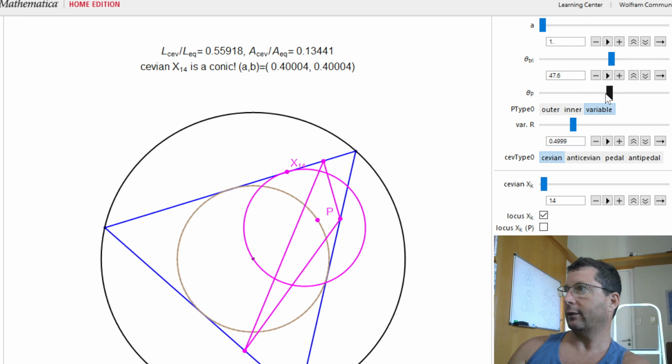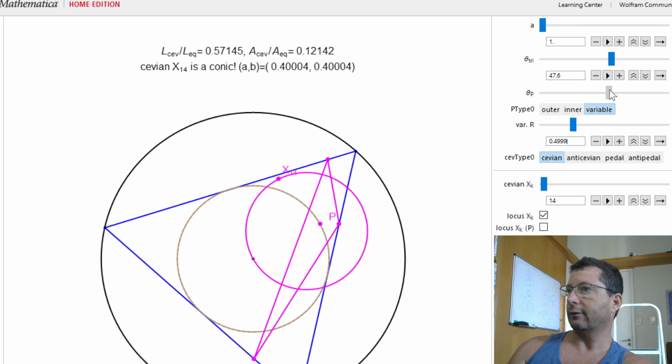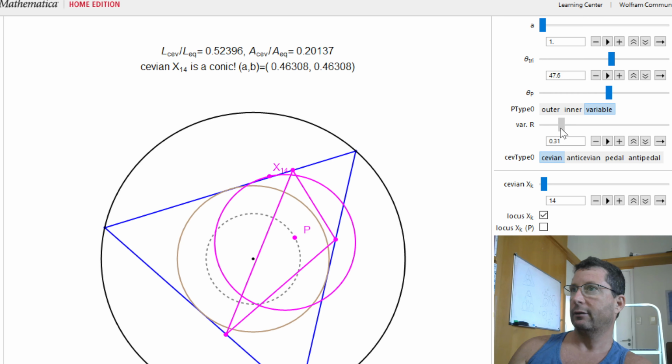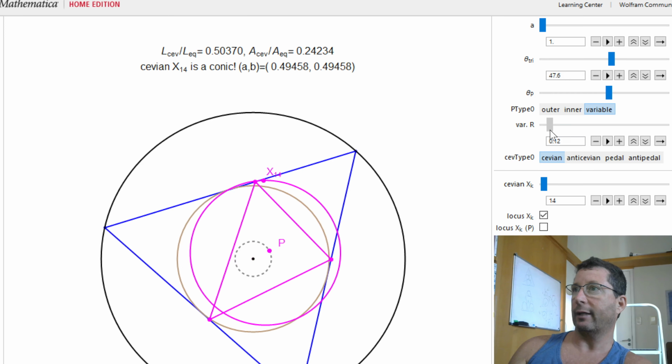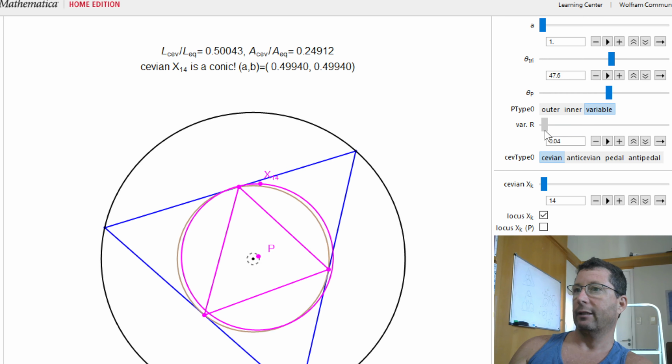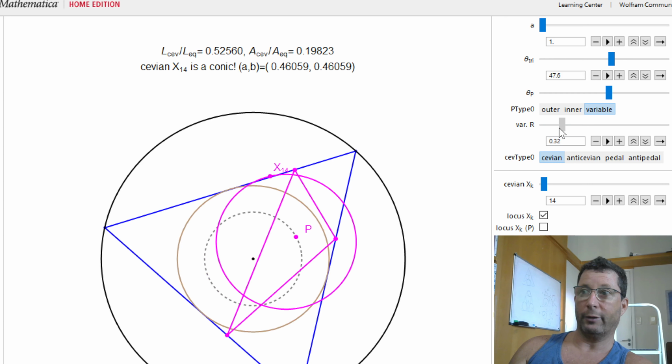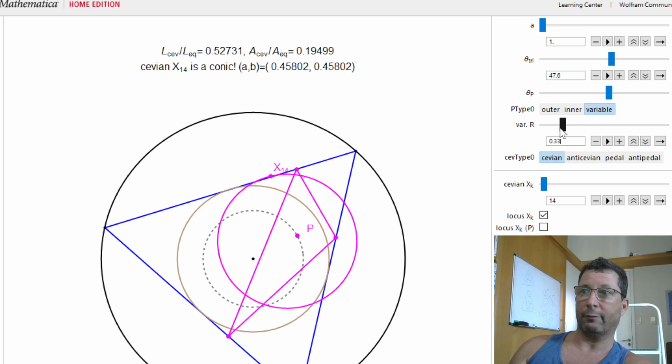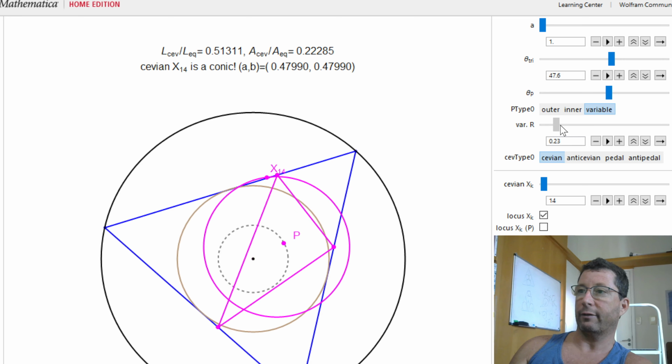So if you go inward, it continues, and this is very strange, to be a circle as we move inward, of bigger and bigger radius, correct? Yes, of bigger and bigger radius. So this is actually a pretty interesting phenomenon, that X14 can remain a circle even though P is in the interior of the incircle.